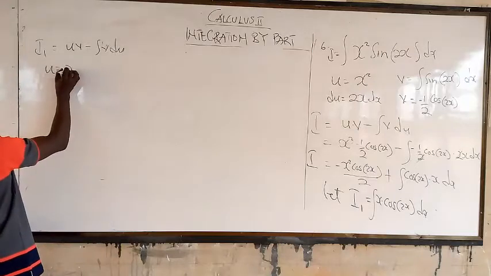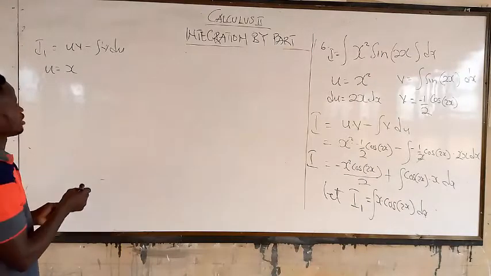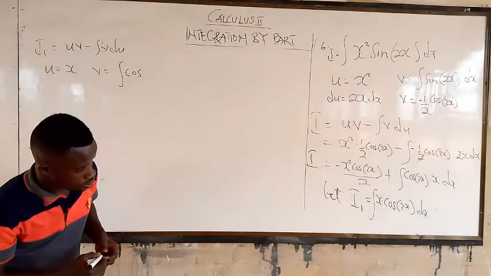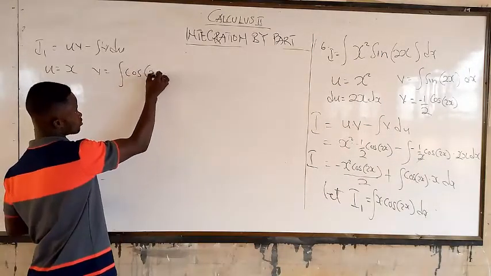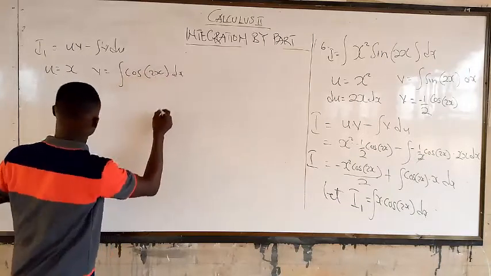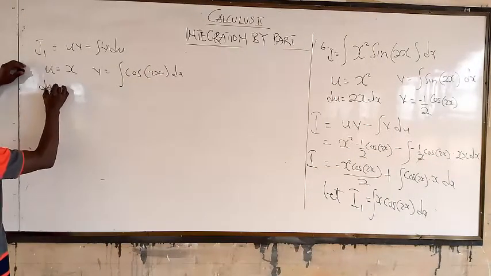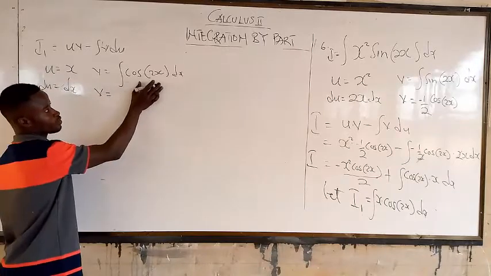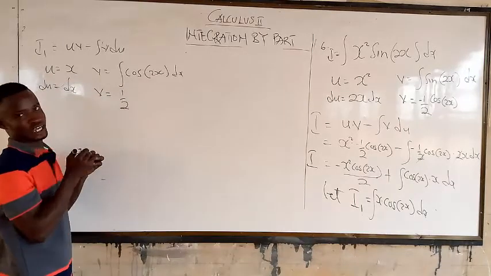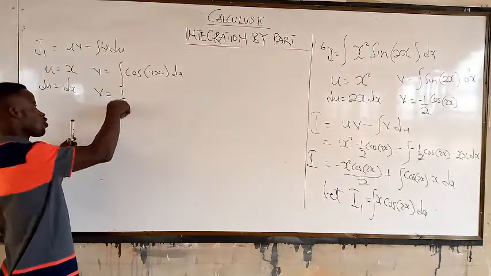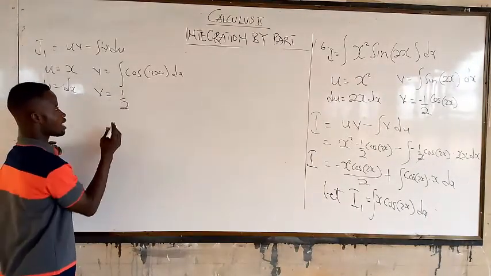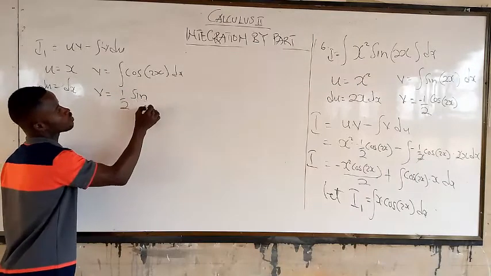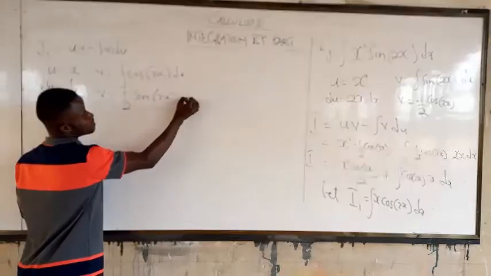So u is s, then v is the integral of cos 2s. So du is equal to ds, v is equal to, integrate this, you get half, don't forget the constant, 1 over 2, then you get sine 2s.